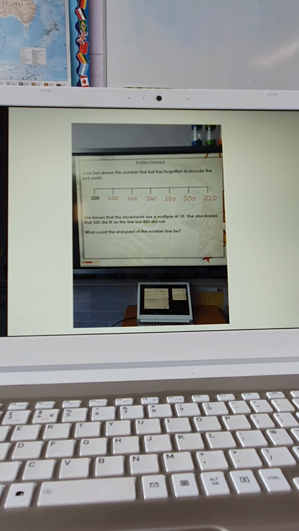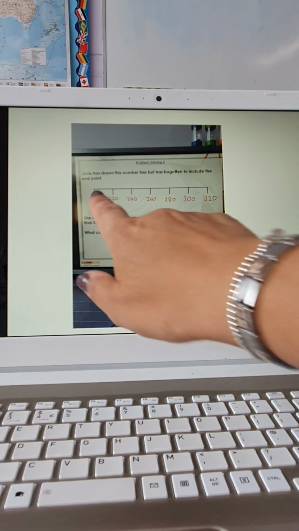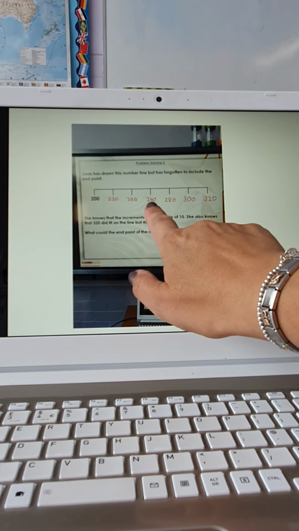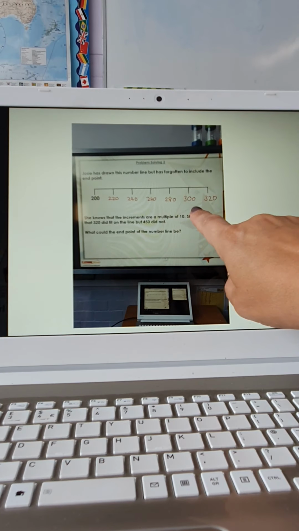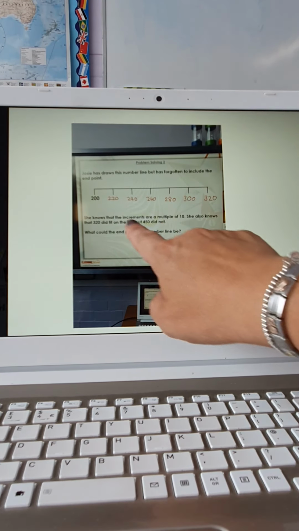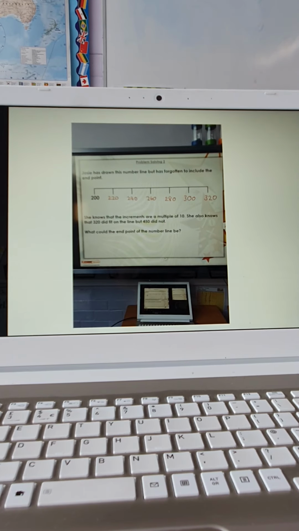If we change it and go up in 20s, 200, 220, 240, 260, 280, 300 and 320. So that would work. 320 is on it, but 450 is not. So that number line has an end point of 320.